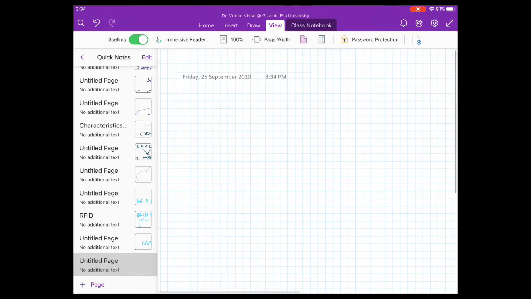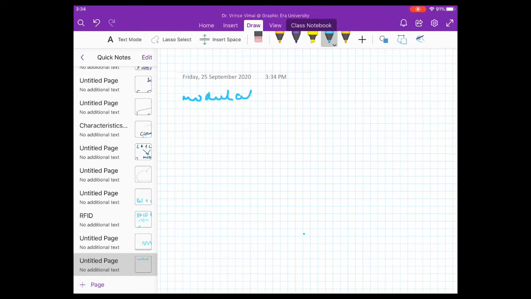If we see what basically a modulator is, then suppose this is my signal.